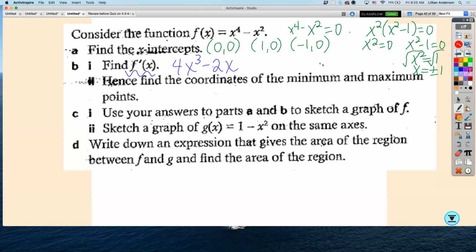I do set the derivative equal to 0 because remember, wherever the derivative or the tangent line has a gradient of 0, that means we have a maximum or minimum. So again, I'm going to factor out a 2x GCF. That leaves me with 2x squared minus 1 equals 0.